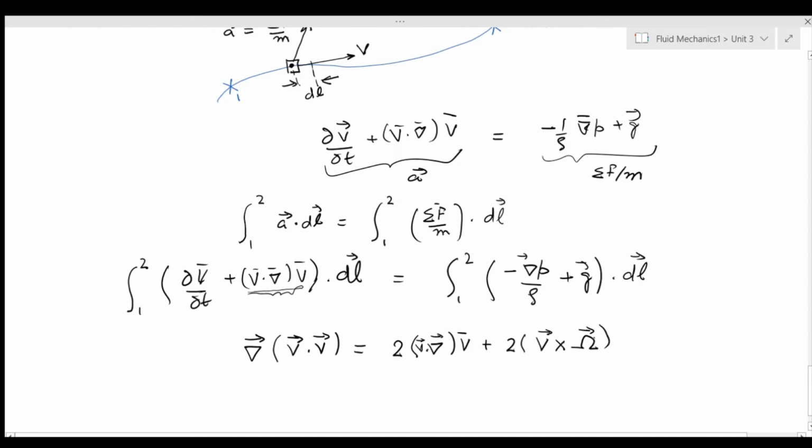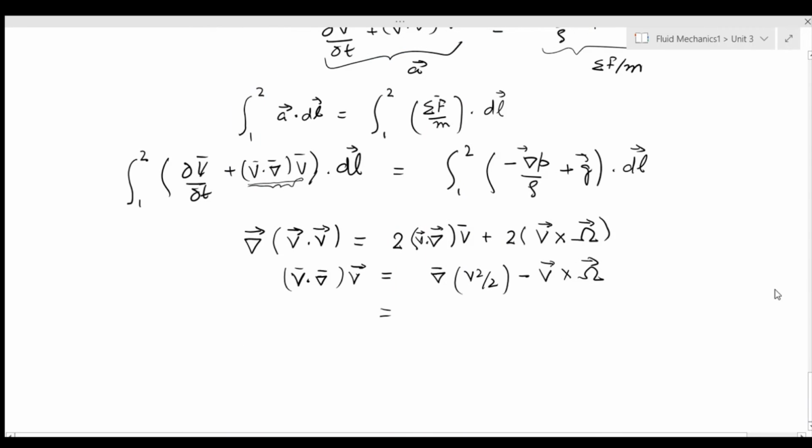This omega is nothing but vorticity. If that's the case, then this V dot del V would be equal to del V square by 2 minus V cross vorticity.